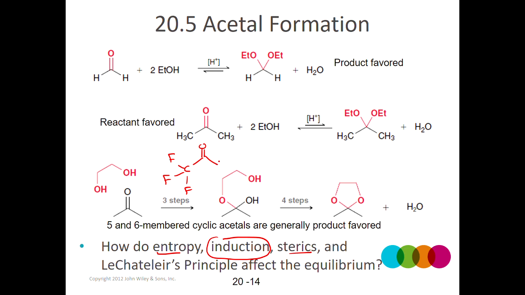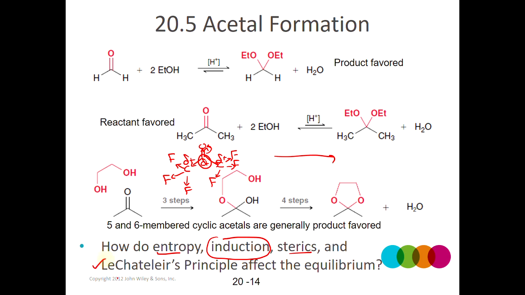I can't put a fluorine right here because it's also a leaving group and that changes a lot of the chemistry, but if I put the fluorines one more carbon away, then I'm just looking at the induction, the effect of them pulling electrons away, creating these large partial positives, which attracts electrons away from an atom that already has a lot of electrons attracted away from it through both induction and resonance. That's going to create a very unstable big partial positive on this carbonyl carbon. Since that's unstable, it would help shift it toward the product side. Right, so we talked about that already, but just want to point that out again.